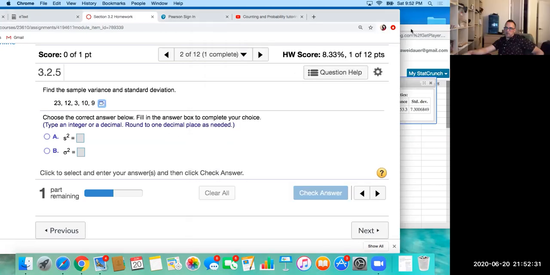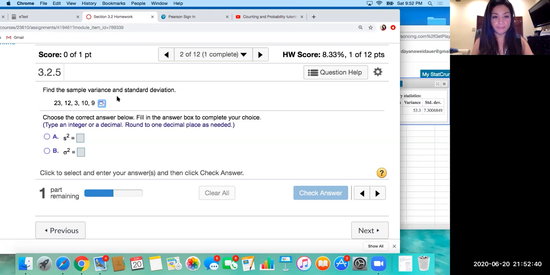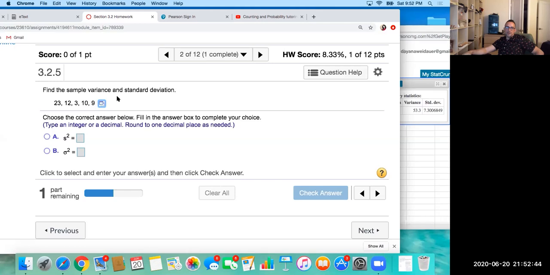Now let's see. We want the variance, so just grab the variance. It said sample, so it's 53.3. We'll put it in S squared.